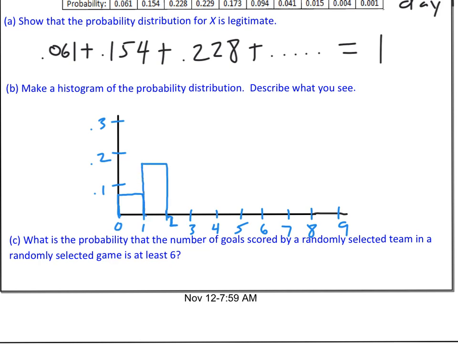So that's the frequency that one goal was scored in a game. 2 needs to go up to about 0.22. 3 is almost exactly the same, and in fact those look like the most common outcomes. 4 is going up to 0.173, so a little less than 2.